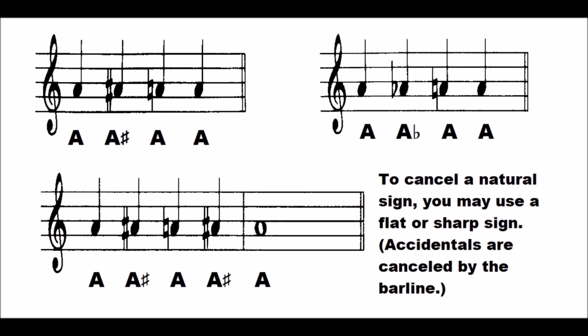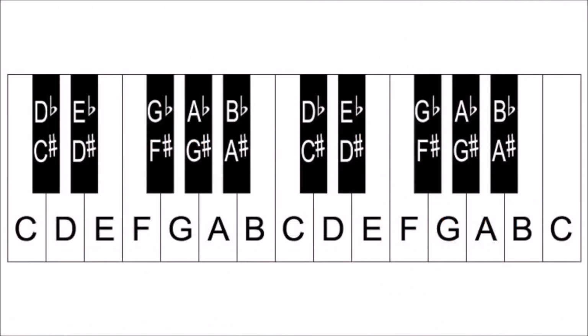Remember that sharps go up a semitone or half step, while flats go down a semitone. Naturals cancel a sharp or flat. On piano, a sharp means that you play the next key to the right, while a flat means that you play the key to the left.